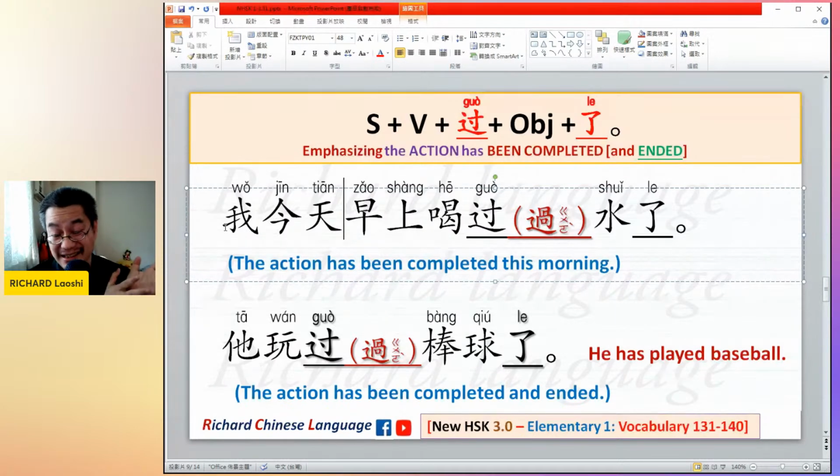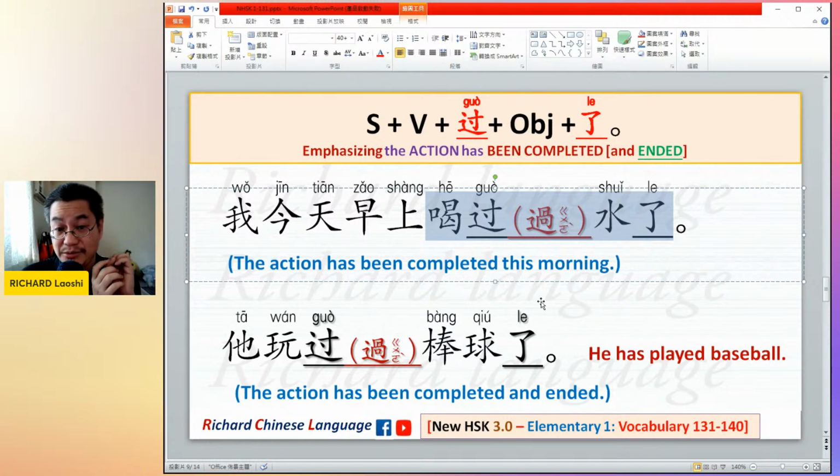So this is the exact meaning of 过 plus 了. You drank water and you totally ended this action. You are not drinking water now. You're emphasizing you drank water this morning. So you have already completed this action.